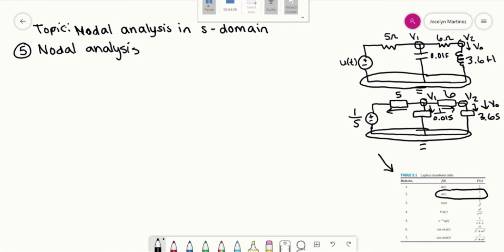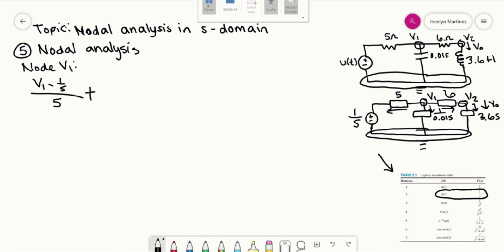So let's do our KCL at node V1. If we remember, current equals V over R. So we're going to take V1, that's at the start of the arrow, minus 1 over S, divided by our resistor, right? 5. That's coming out, and so is this middle thing.